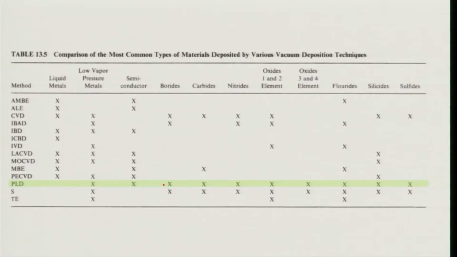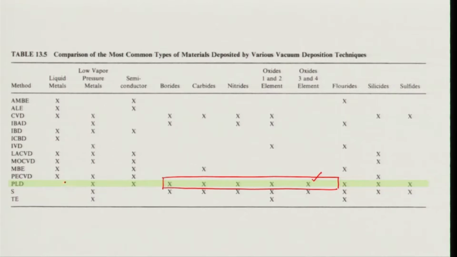If you see here, this is the region of very large interest: oxides of 3 and 4 elements. Oxides of 1 or 2 elements you can deposit by only 1 or 2 methods, but you can use PLD to deposit oxides of 3 or 4 constituents, which is very good.